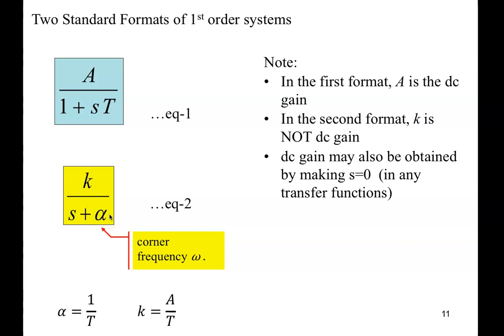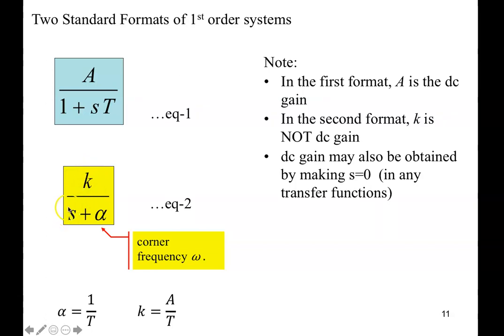So DC gain equals k over alpha. They are interchangeable if you are reasonably comfortable with math. It doesn't really take that much effort to change from one format to another, or vice versa. But what you need to notice is that when it's in the second format, this k is not the DC gain.